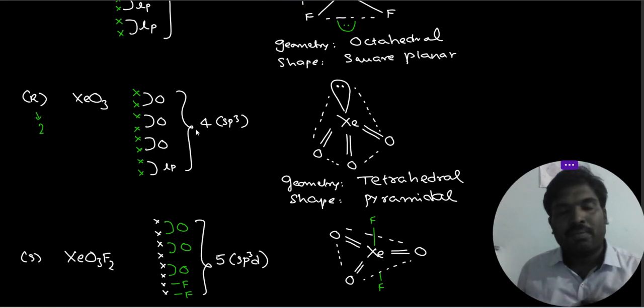Because two big atoms are at equatorial positions, there are fewer repulsive forces between them, so more stability. This is the reason we write it like this.